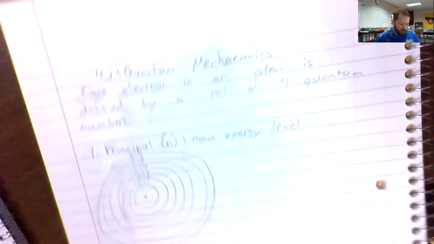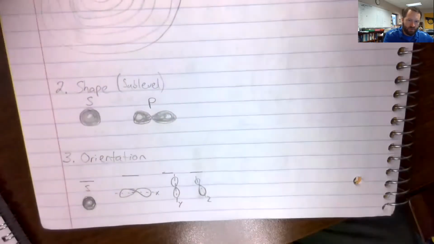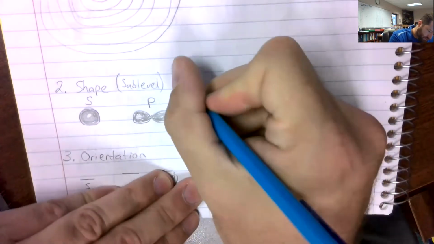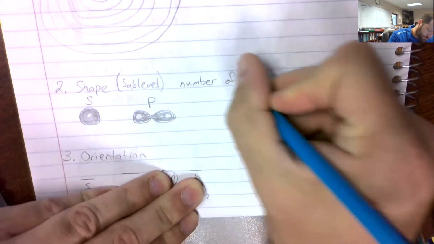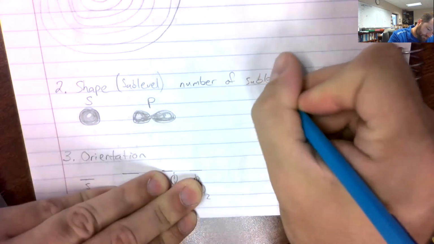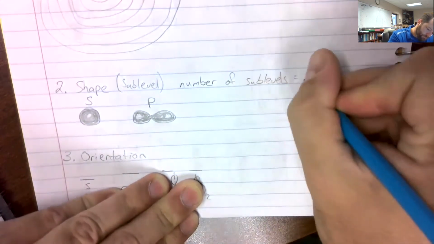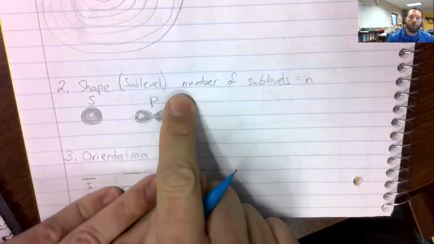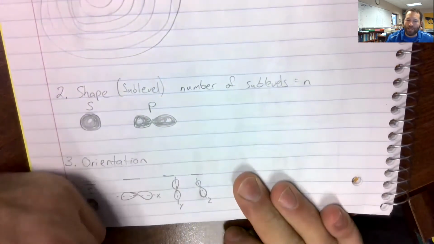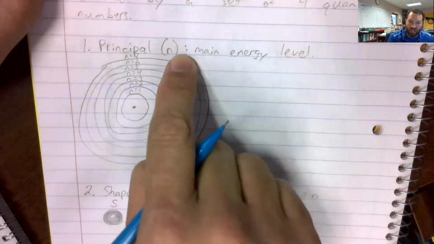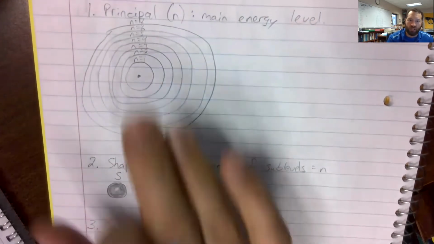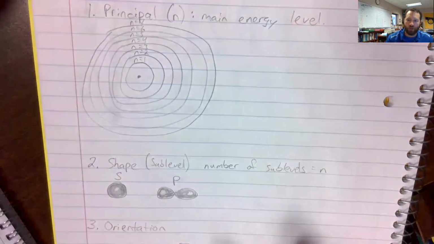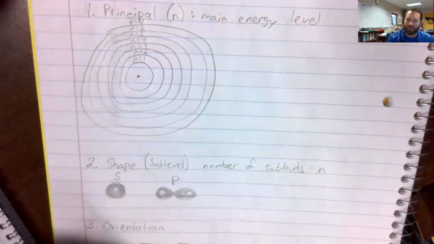I'm going to go back to where we started. Number of sublevels equals n. Remember, we used n up here. So the number of sublevels that you can have on any particular energy level all has to do with what energy level you're on.